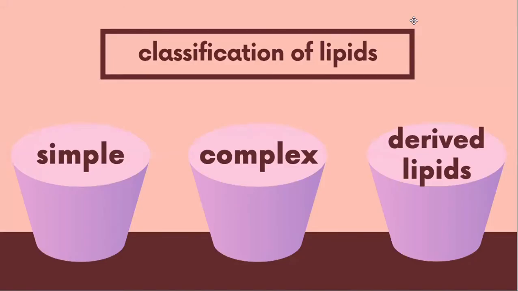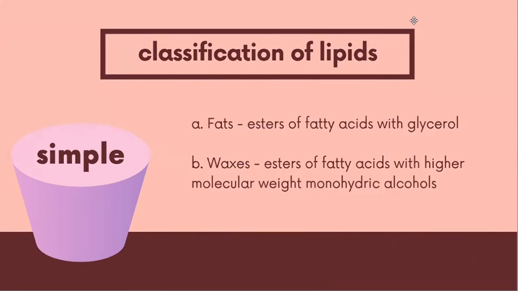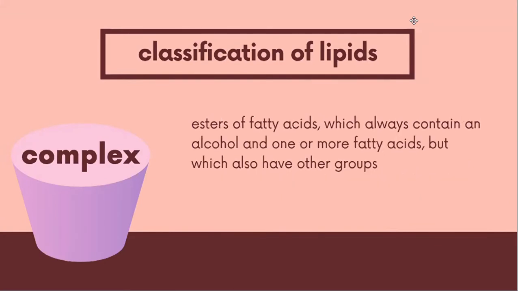So classifications of lipids are simple, complex, and derived lipids. The simple are fats and waxes. Fats are esters of fatty acids with glycerol, while waxes are esters of fatty acids with higher molecular weight monohydric alcohols. So esters of fatty acids always contain an alcohol and one or more fatty acids.